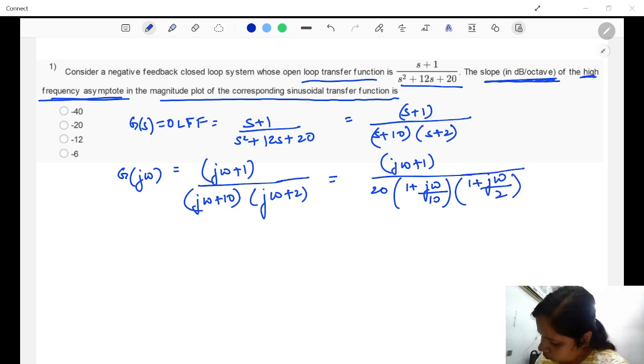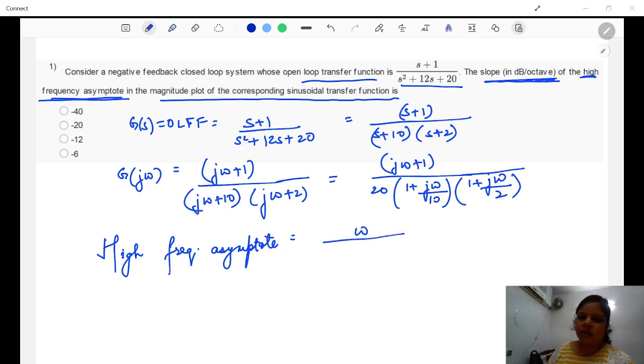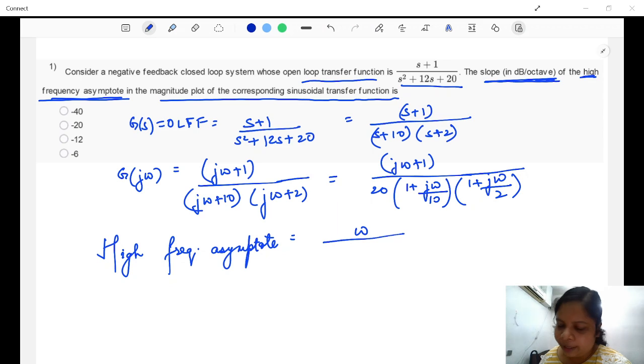All right. Now we want to find what is the high frequency asymptote. For that, we first want to find the magnitude of this transfer function. From the numerator part, when you try to find out the magnitude, it would be under root of omega square plus 1, right?